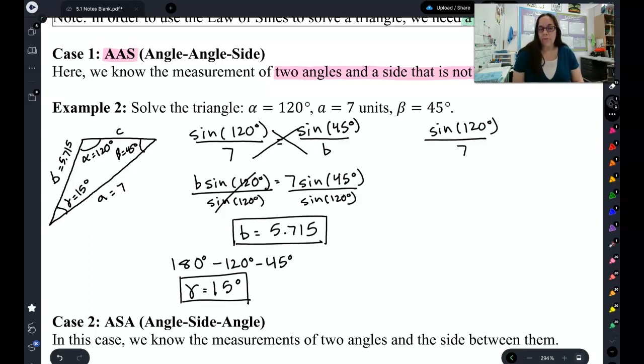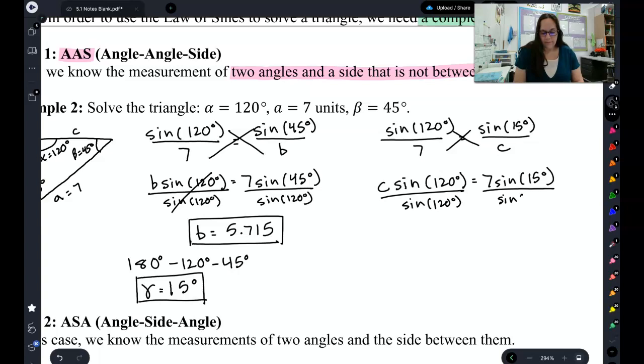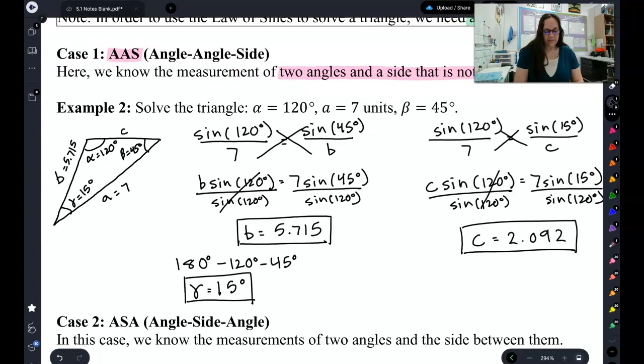There's my pair, alpha over A, equals the pair I want to find, sine of gamma over C. Same thing, cross multiply, and then solve for C. Type that into your calculator, and we get what C is.